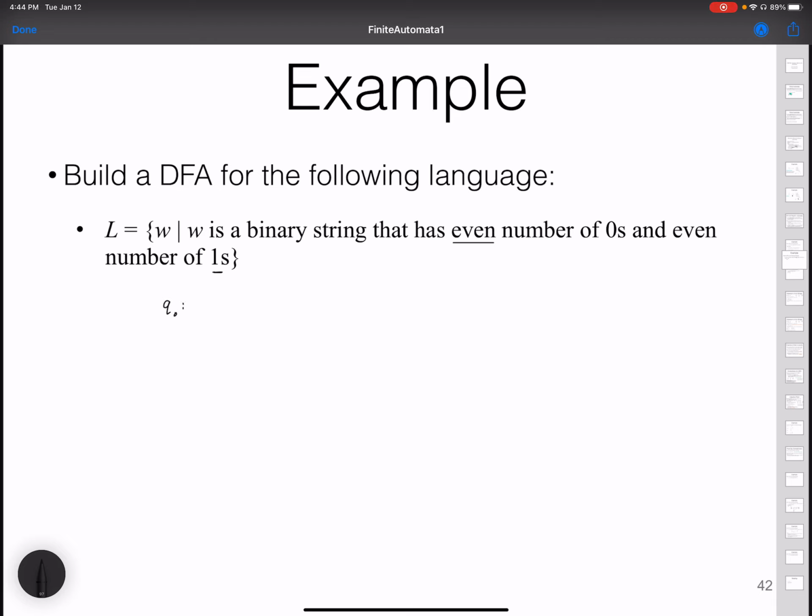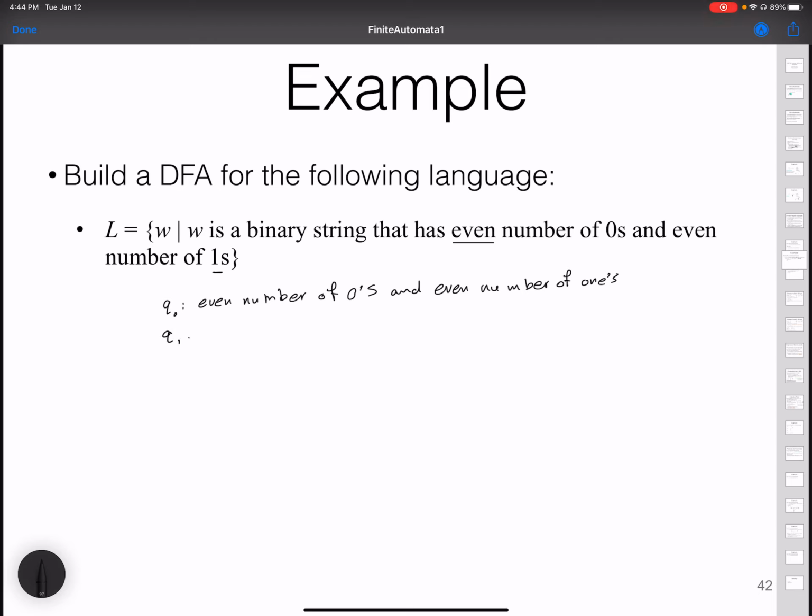One state is even number of zeros and even number of ones.